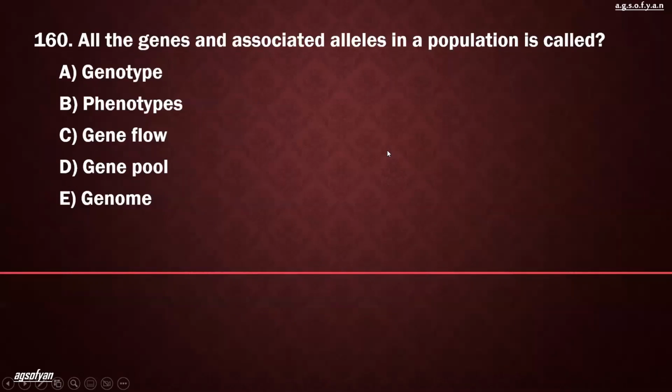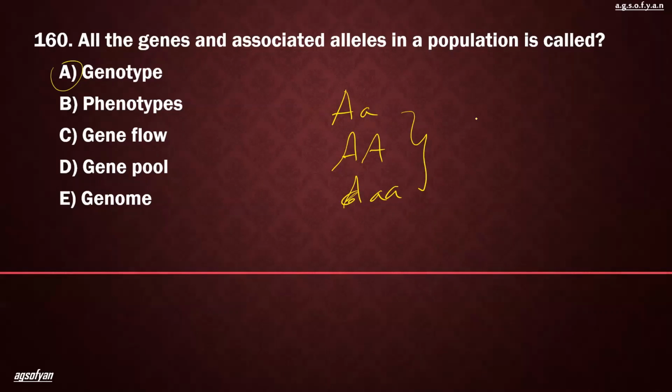All the genes and associated alleles in a population is called... So what do you call this one? This is the genotype, okay? However, like in humans, there are a lot of differences, like maybe BB, CC, and so on.